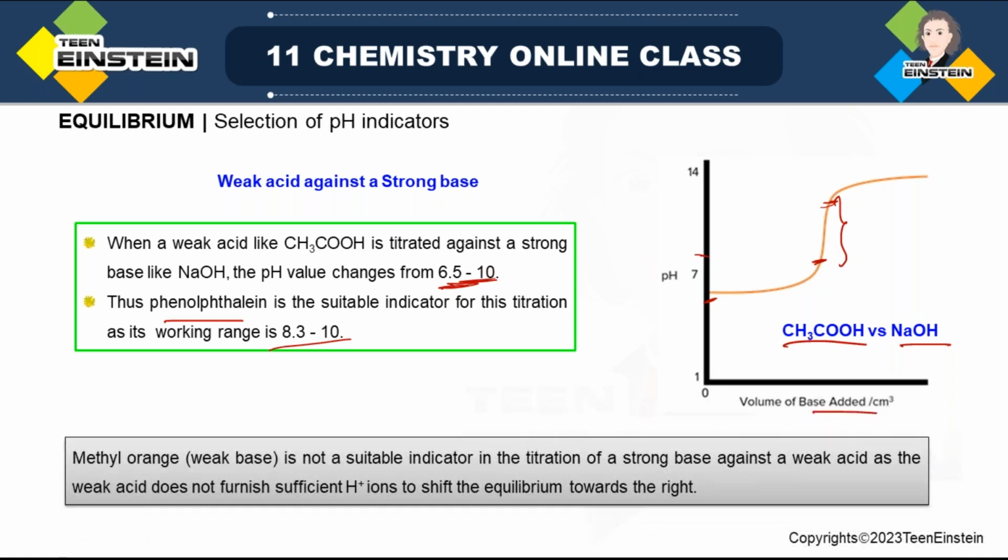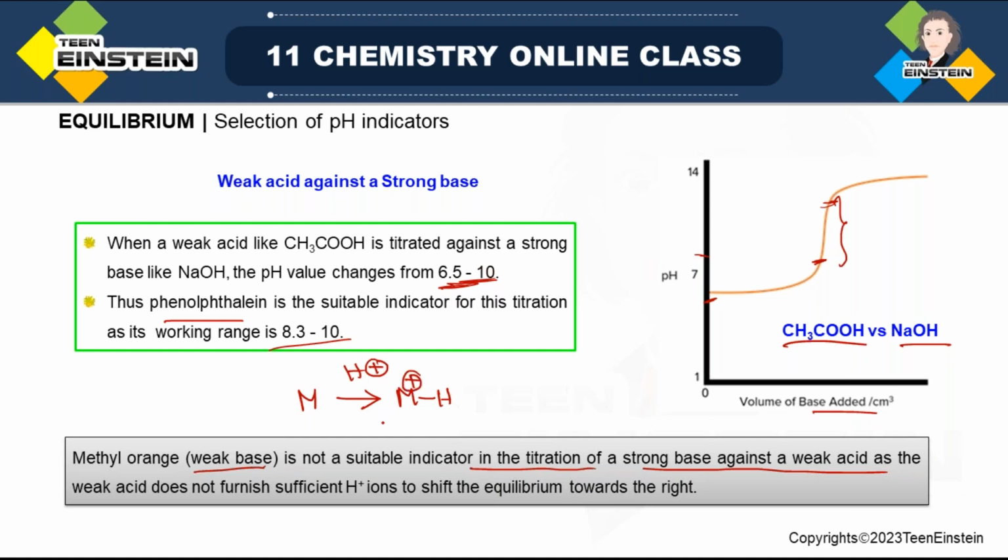Now you can understand why methyl orange is not a suitable indicator in a titration where the base is strong and the acid is weak. Methyl orange is a weak base. Remember, in the structure of methyl orange there is a lone pair on nitrogen. If sufficient H+ is provided, then only it will be protonated like this.